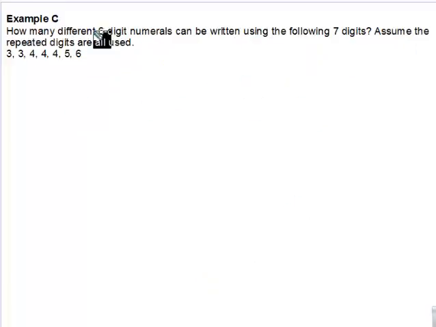Try another one. How many different 6-digit numbers can be written using the following 7 digits? And we're going to assume all the repeated digits are used. So we want 7P6 for that because we're going to use 6 of the 7. And then we have 2 3s and 3 4s. So 7P6 divided by 2 factorial times 3 factorial.